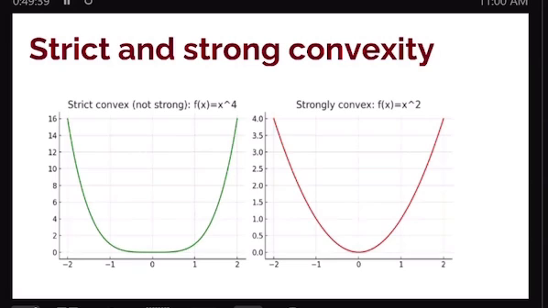The fact that it's a curve and the line segment is above it, that is convexity. Now when it is a curve, but you can have the possibility of a flat, then it is not strong. But if you take a look at this guy, there is a curve, there is no flat anywhere. Therefore, your algorithm will not get stuck. Otherwise, when you make use of the flat one, your algorithm is going to get stuck. So if I want to look at the picture, that is the explanation.